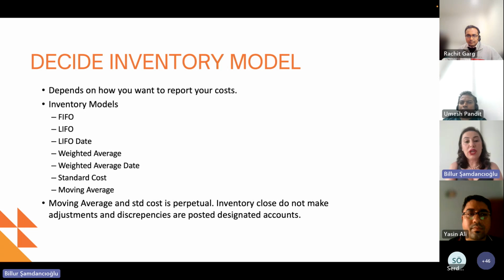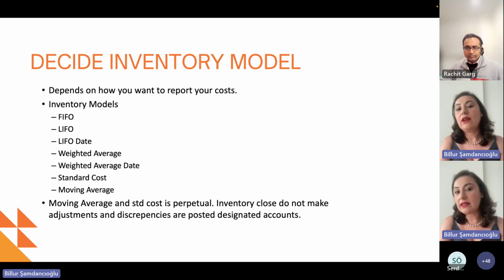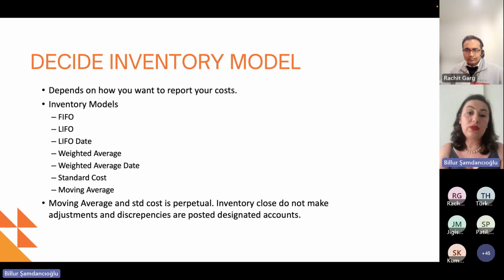So this is very different. When you check out, if you want to change anything in the end, I would offer to discuss this with your customers the first time. From these inventory models, moving average and standard cost is perpetual.